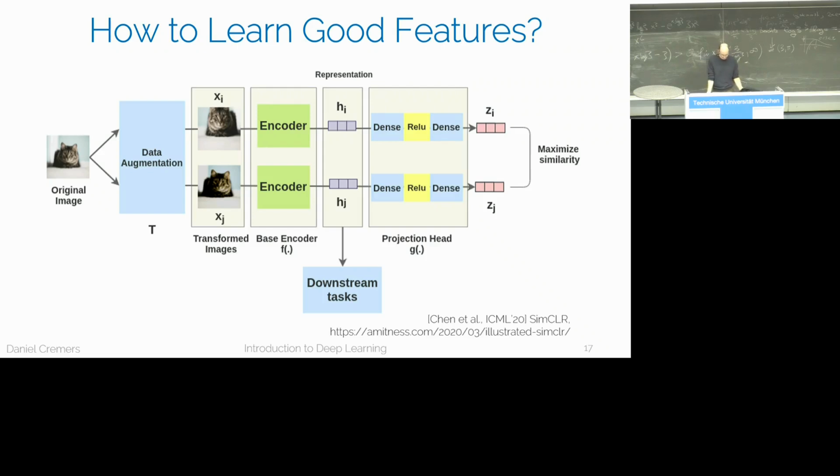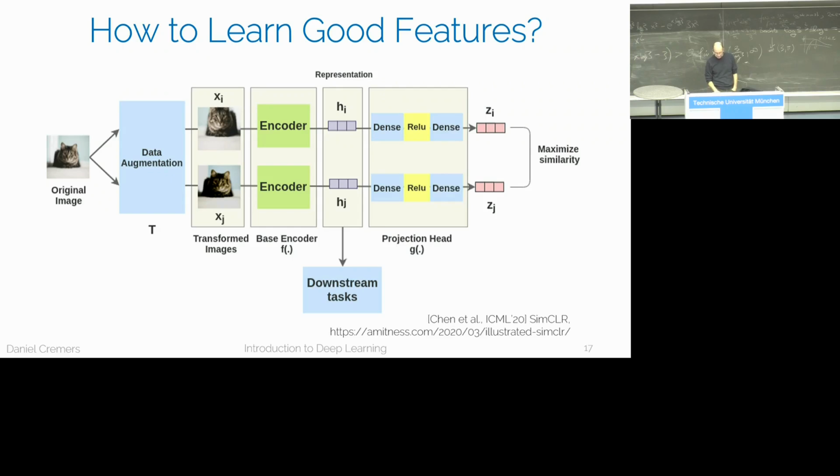And so you take an original image from your data set, you do a data augmentation, for example cropping, shearing, rotating, scaling, whatever you want. And then you train a base encoder, this is the green structure, to extract a representation that you see in the middle, H. And the way you do it is you pipe this through what's called a projection head that has dense and ReLU, and then dense again.